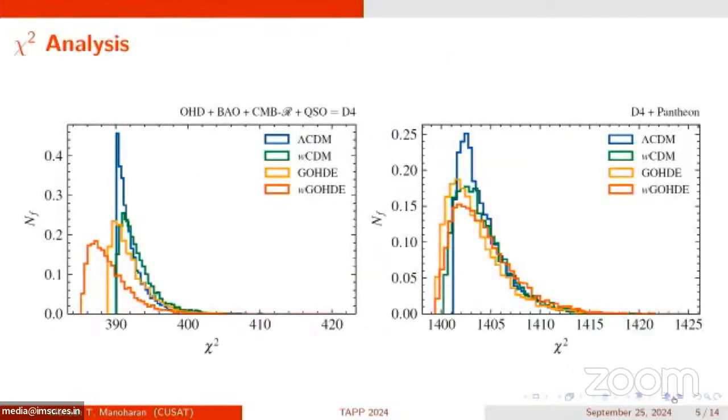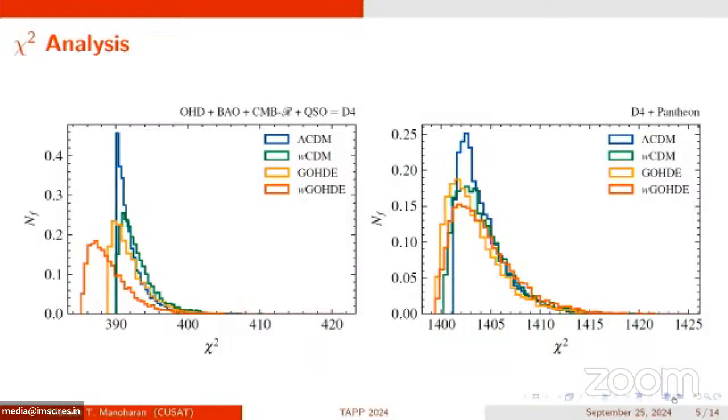So in order to do that, we take several data sets, obviously. D4 is a combination of data sets such as the OHD data, which stands for observational Hubble data, the BAO data, the CMB shift parameter, and the QSO data. So we are calling it the D4 data set. When we do the chi-square analysis, which is chi-square minimization, we have the Hubble parameter, we have the data points, and we can fit it and do the chi-square minimization using the standard MCMC tools.